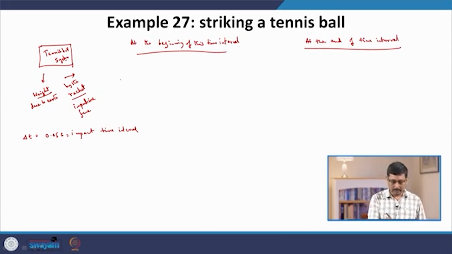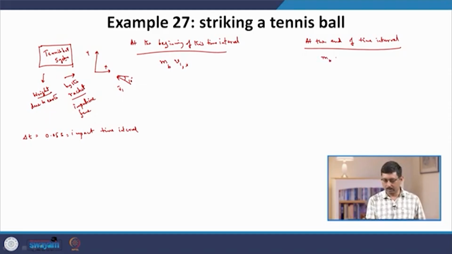It is given in this picture that this is the V1 and it makes an angle 10 degree. Now, we define these as the positive directions of x and y axis. The momentum of the ball was V1 at the beginning, and at the end of the time interval, the momentum of the ball is V2.